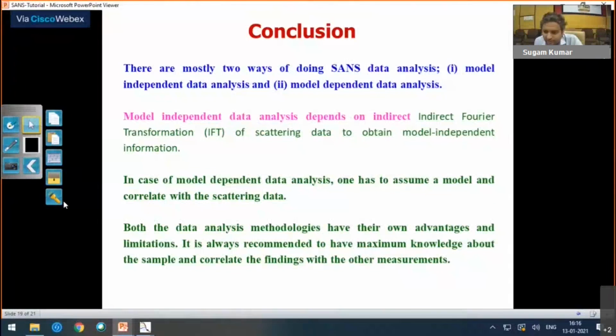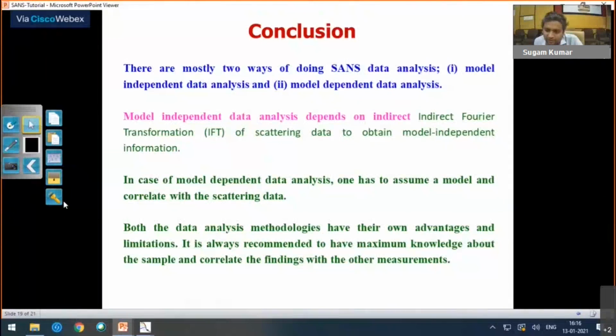All small information should be there, so that your parameters are most reliable in case of model dependent analysis. Keep in mind that in model dependent analysis, you assume the model, so that may not be a unique one.